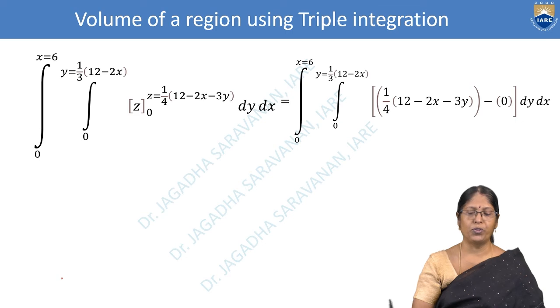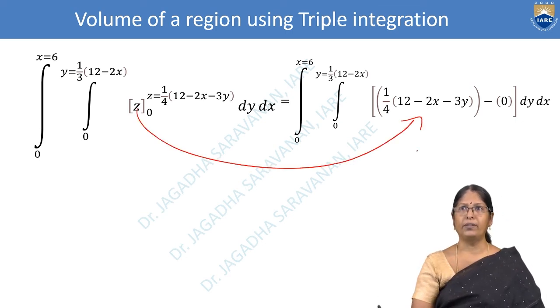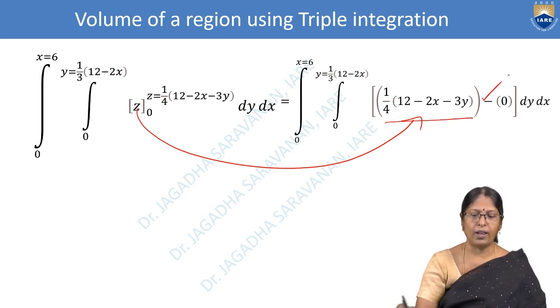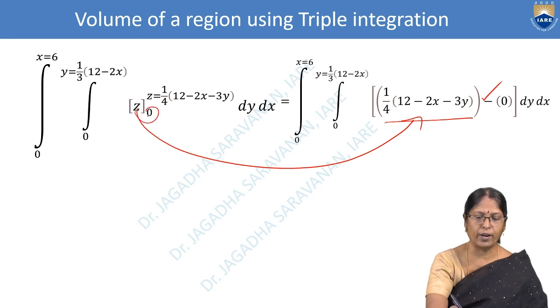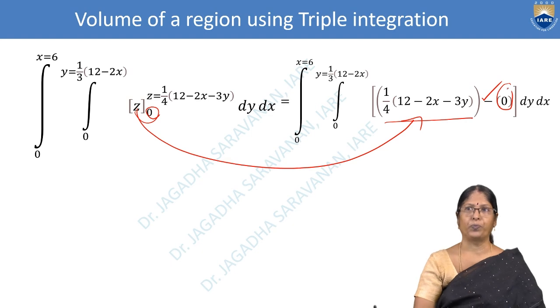So we substituted in this place our upper limit. It is substituted here. This is the formula minus, and z is taking the lower limit, the value is 0. It has become here 0.